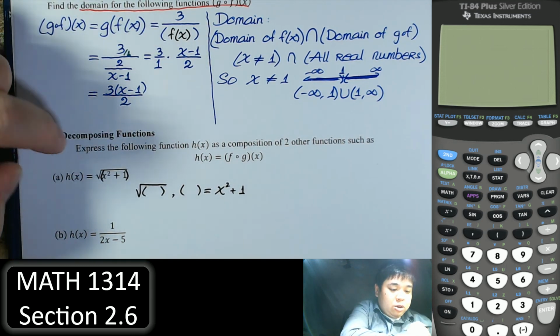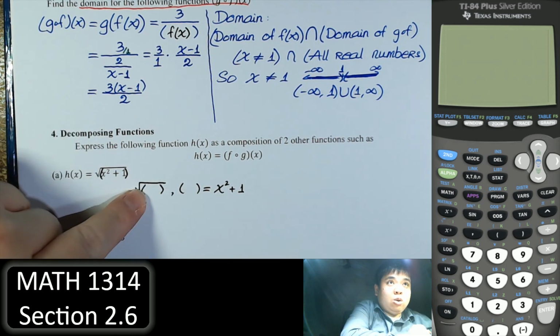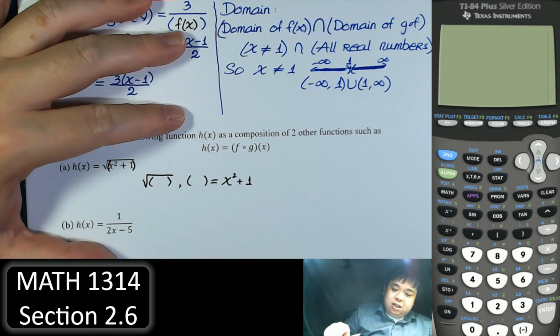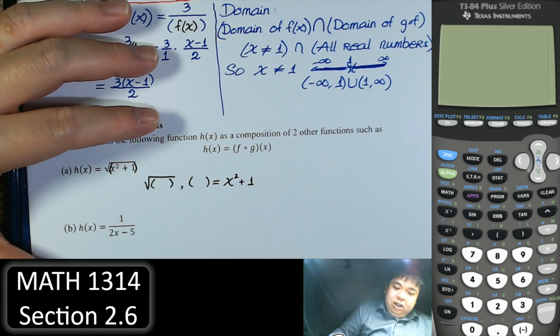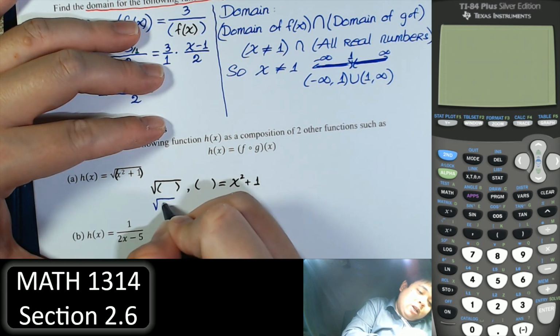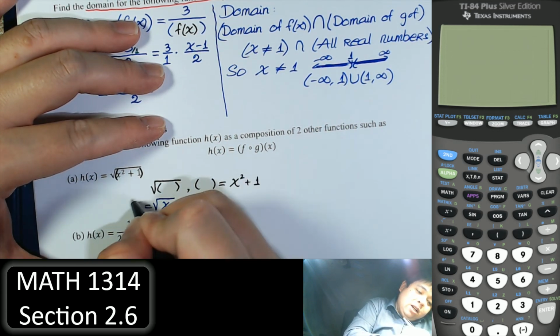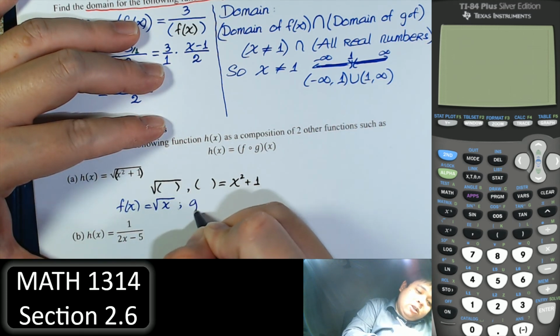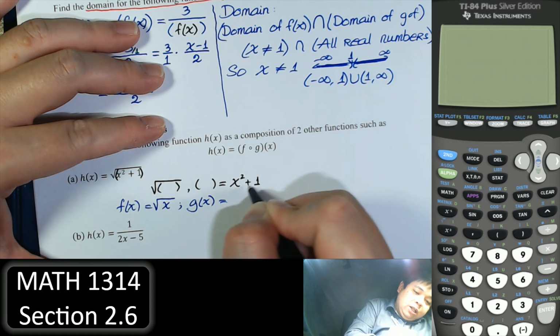So we decompose that into two functions, a square root and that. We say the square root of something, and that is the outer function, and the inner function is the second function.